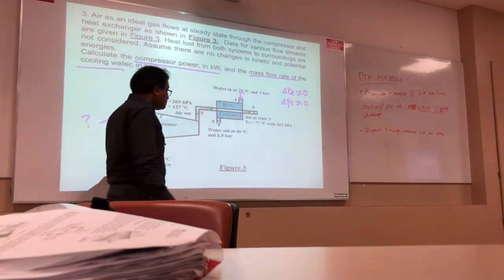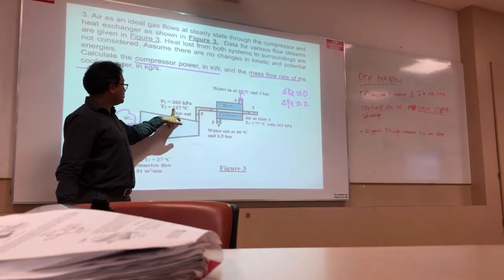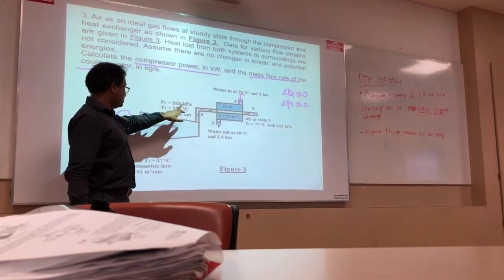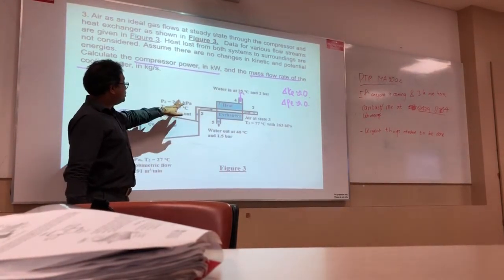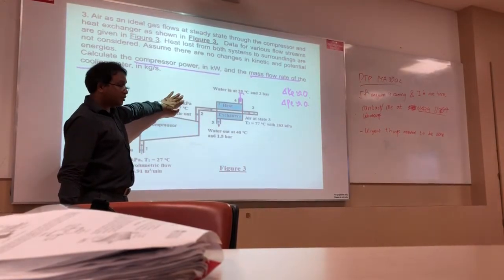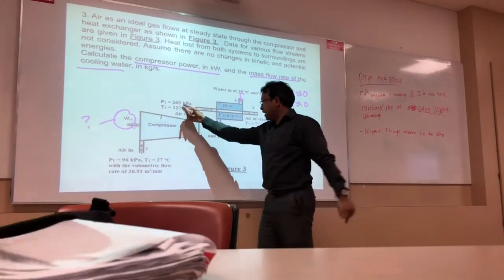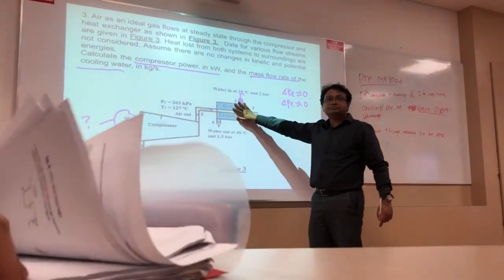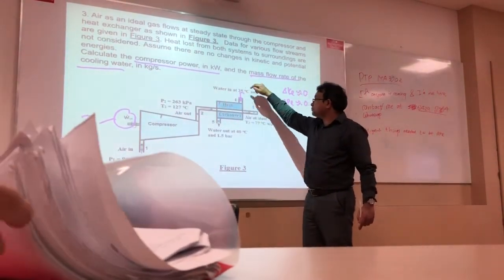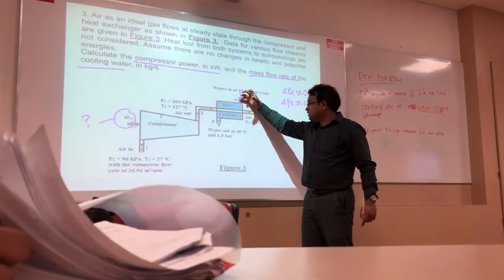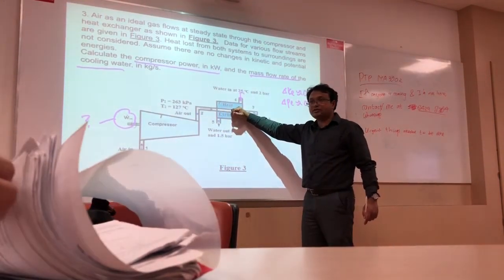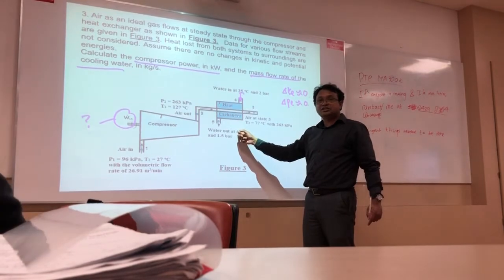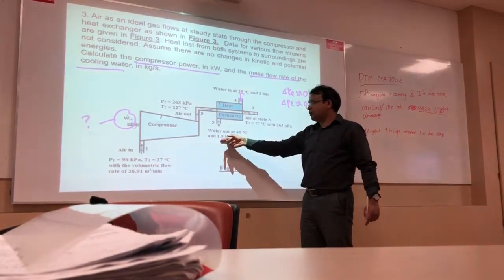After compression, the air temperature increases to 127 degrees Celsius and pressure increases from 96 kilopascal to 263 kilopascal. This is the outlet of the compressor.